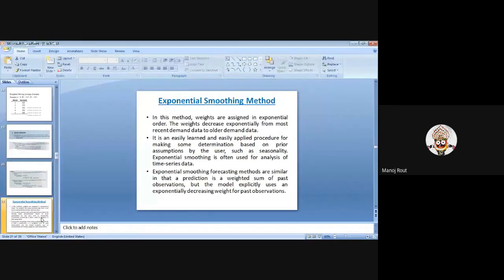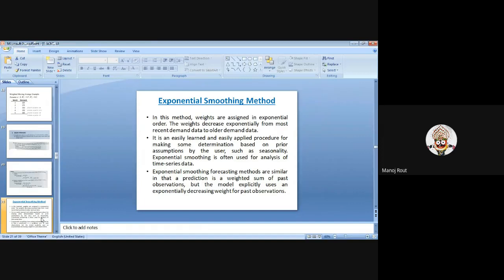In this particular method, weights are assigned in exponential order. The weights decrease exponentially from the most recent demand data to older demand data. It is an easily learned and easily applied procedure for making determinations based on prior assumptions by the users, such as seasonality.